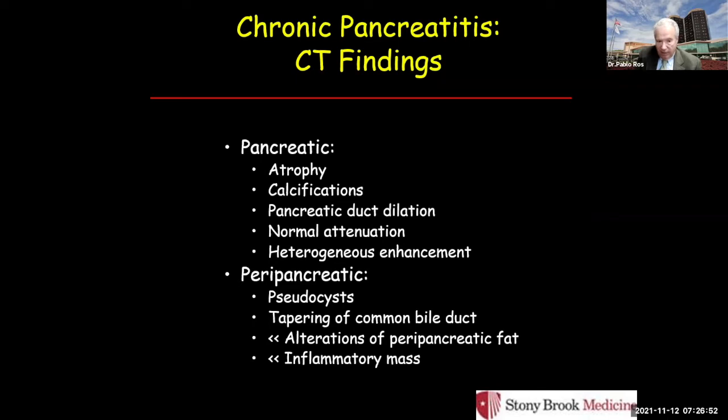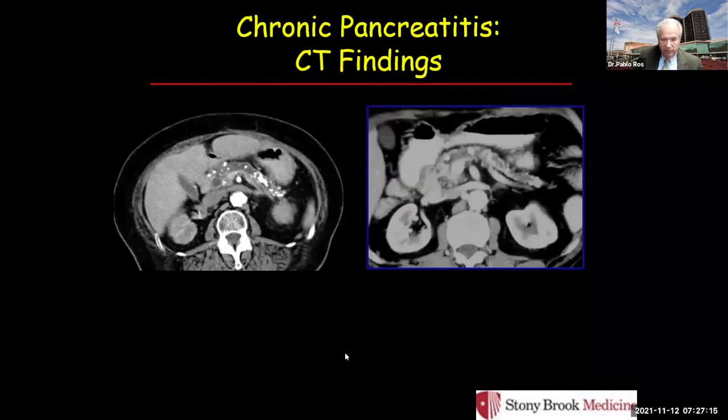In the peripancreatic tissues, you look for pseudocyst formation. In chronic pancreatitis, you look for tapering of the intrapancreatic common bile duct because of displacement by the chronic pancreatitis. And you see alterations of the peripancreatic fat and a peri-inflammatory mass.